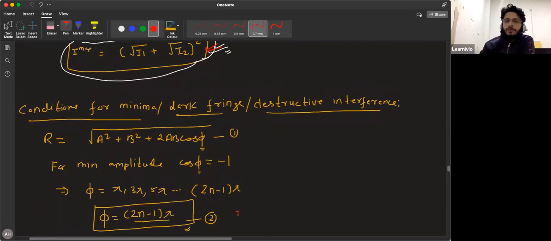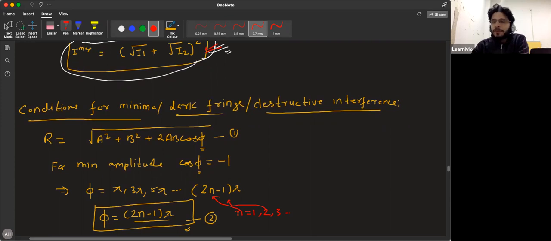Your n will be 1, 2, 3, and so on. If I put n equal to 1 here, you will get π. If you put n equal to 2, 3π, and so on. You just keep on changing the value of n, you will get all these values.